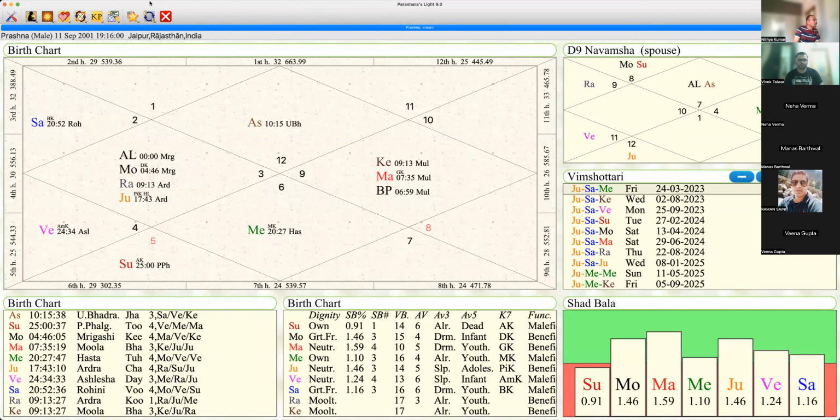And this is the day of 9/11 when the World Trade Centers were destroyed. There was a major attack in US, 9/11, if you remember. September 11th, 2001. I'm doing a prashna sitting here in India.